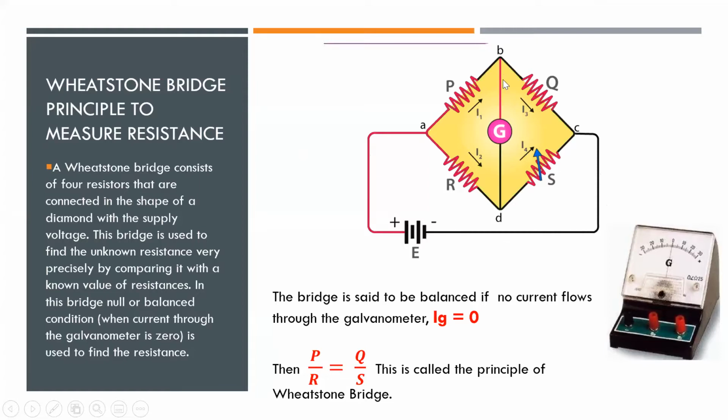And there is a galvanometer which is connected like this. It need not always be in the shape of a diamond, whatever be the shape. If there are 4 resistances and there is a voltage source across 2 of them, then you can call it a Wheatstone's bridge. So this is how a Wheatstone's bridge looks.